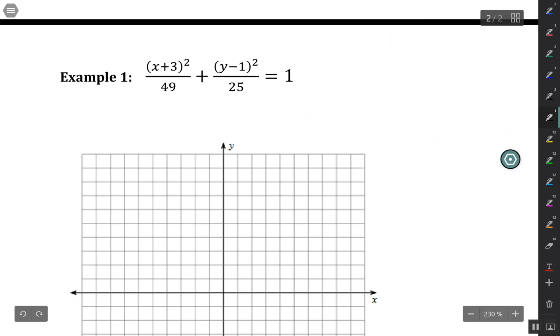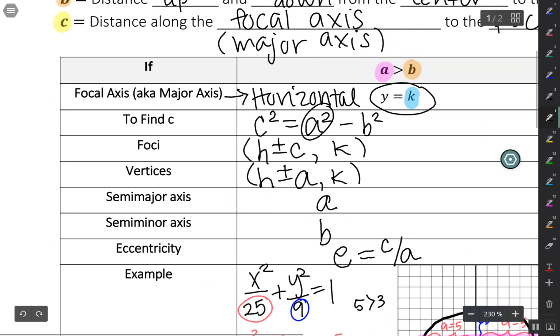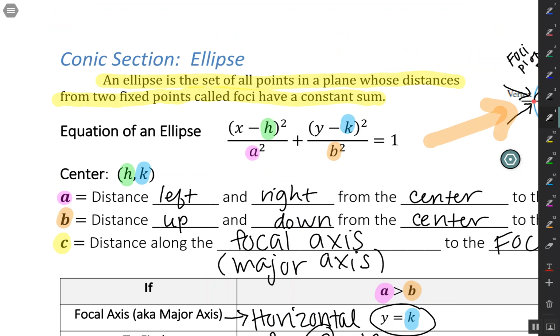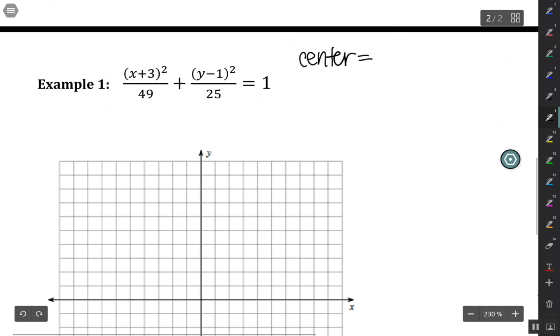Okay, so let's start by finding our center. So h, remember, is with the x and the y's with the k. You'll notice there's subtraction signs for both. So my h is going to be -3.